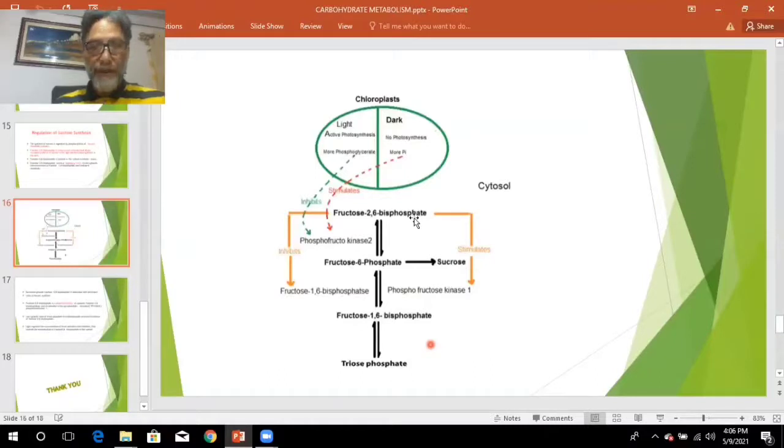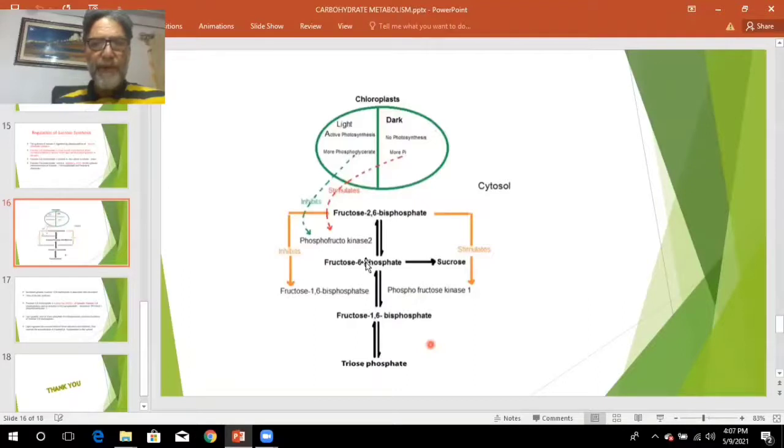Now what happens here? Regulation is this way. This fructose 2,6-bisphosphate exerts an inhibitory control on fructose 1,6-bisphosphatase. And when this fructose 1,6-bisphosphatase is inhibited, there will be no conversion of fructose 1,6-bisphosphate to fructose 6-phosphate.